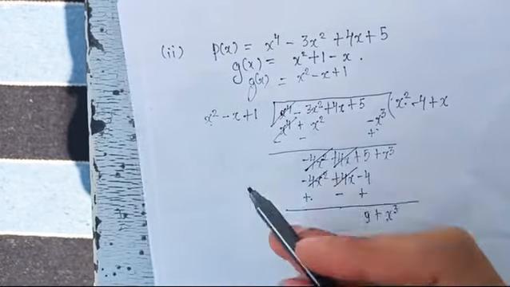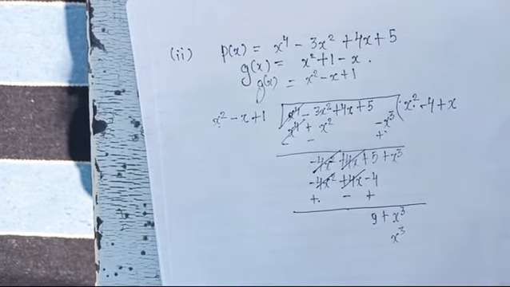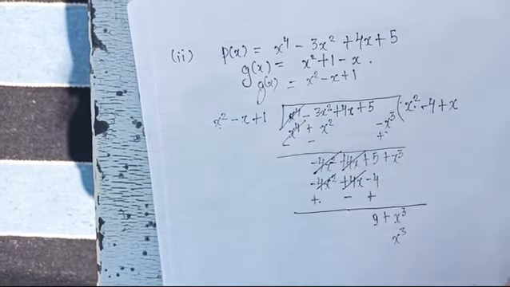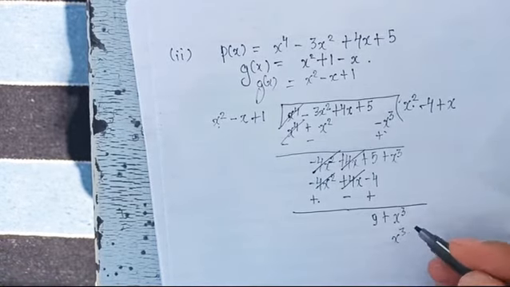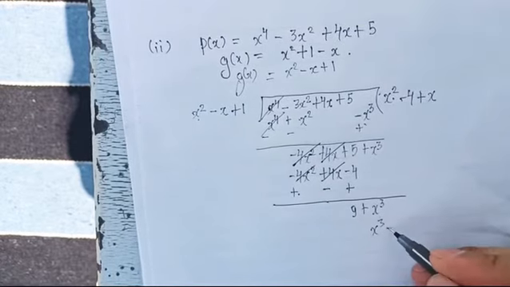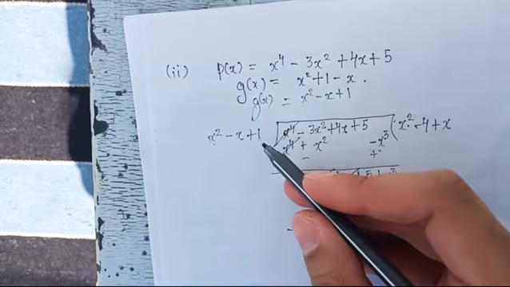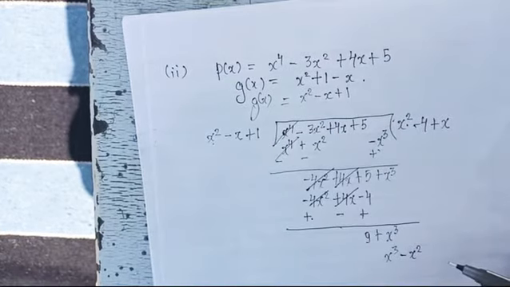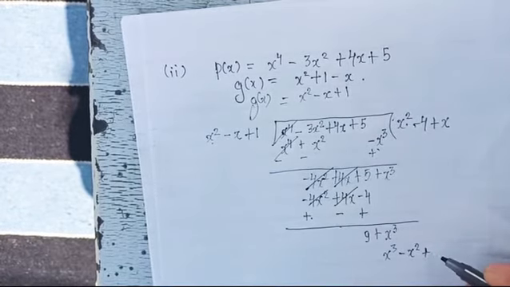Okay, x into x square will become x cube, positive. Okay, and x into minus x will become minus x square, but there is no x square term in the remainder, so here I will write x square. Then x into plus 1 will become plus x.